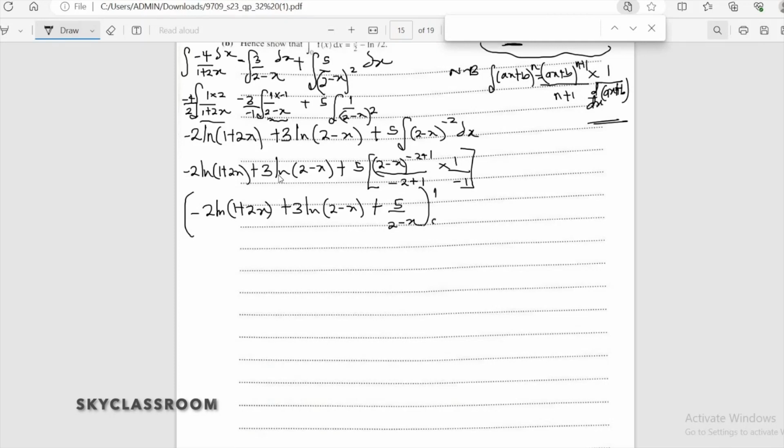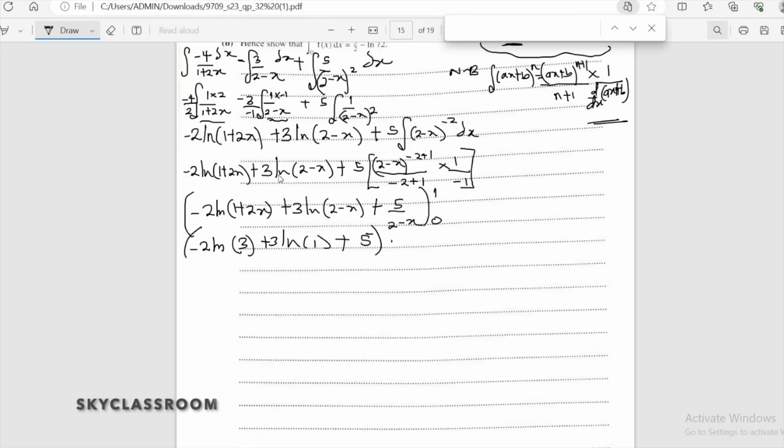1 and 0. When x is 1, we have minus 2 ln 3 plus 3 ln 1 plus, when x is 1, this one will give us 5.